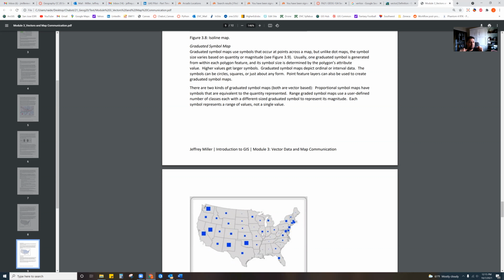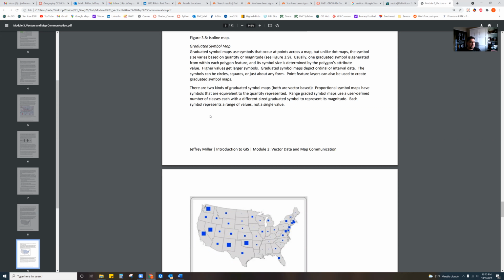So the map doesn't get too cluttered with a whole bunch of dots densely populating various places. Instead you have a single thing representing every single field in this case, and the amount of records there are would determine the size of the dot itself.